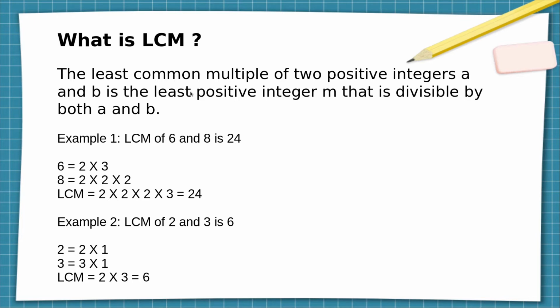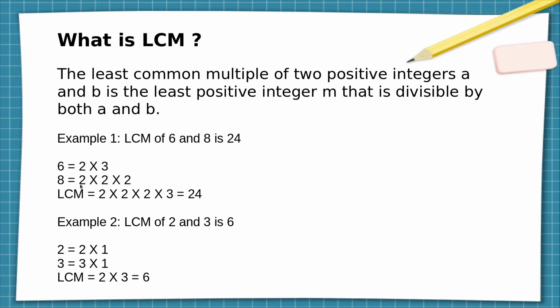So in example 1 we have to calculate the LCM of 6 and 8, which is 24. Now to calculate LCM, we'll write the first number and all of its factors. Do the same for the second number. Now we have to write the common factor once, and which are not common we'll write them as it is.